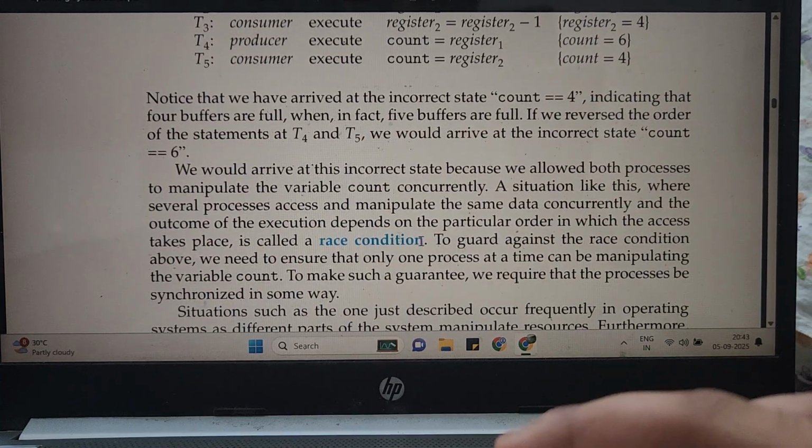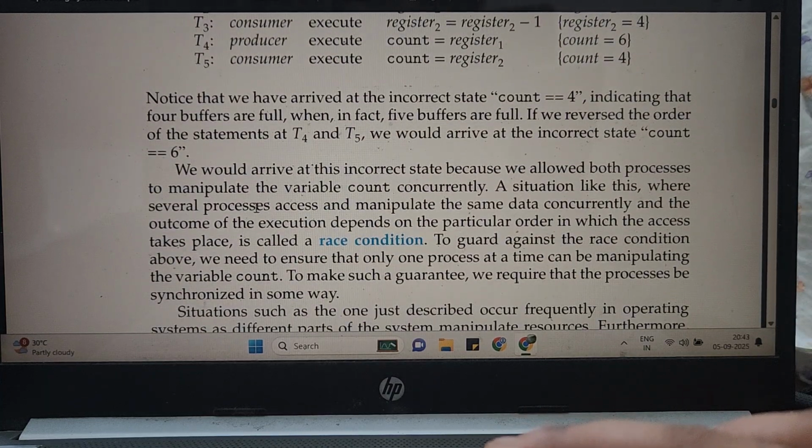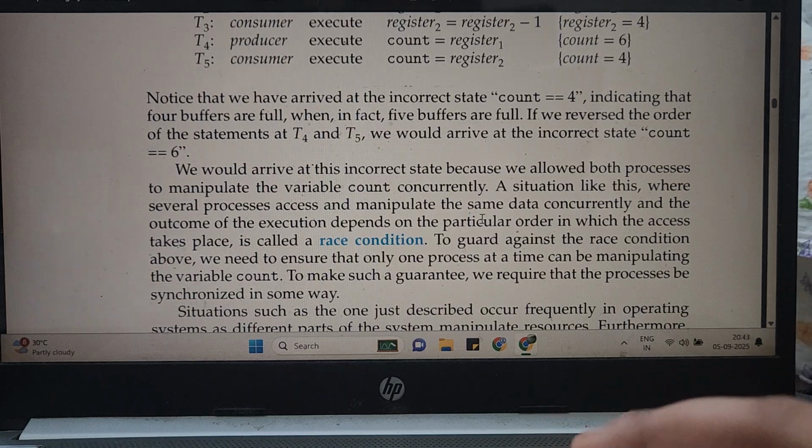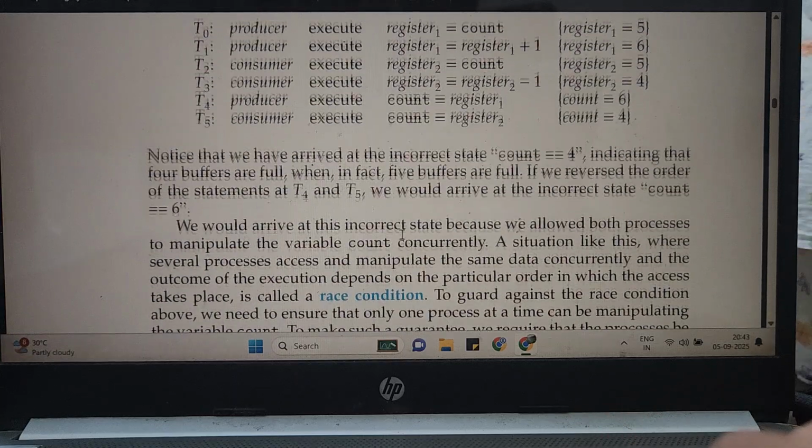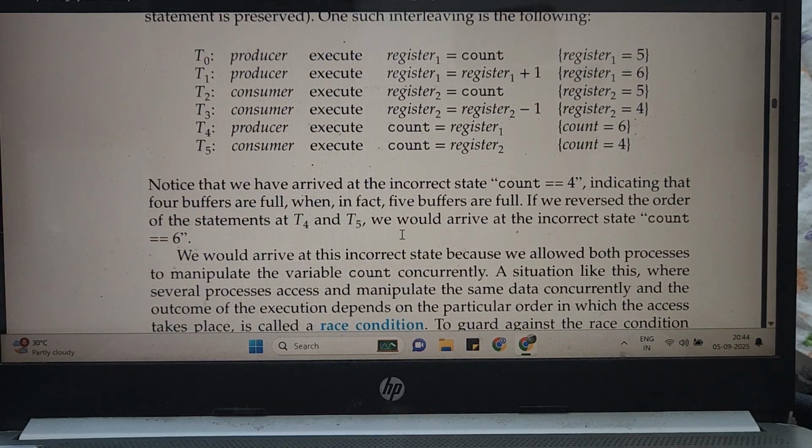This kind of situation, where several processes access and manipulate the same data concurrently and the outcome of execution depends on the sequence, is called a race condition. So a race condition is basically where you have multiple processes accessing and modifying, modifying being the keyword, the same data element.